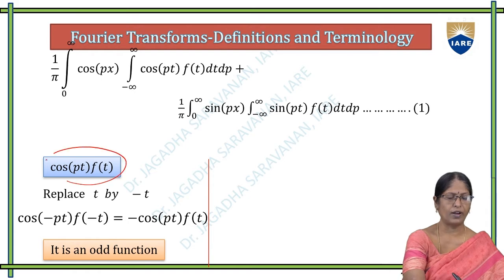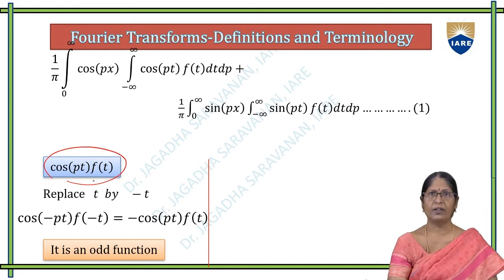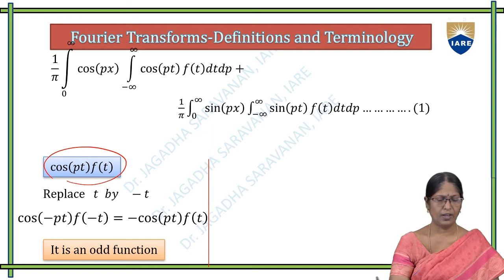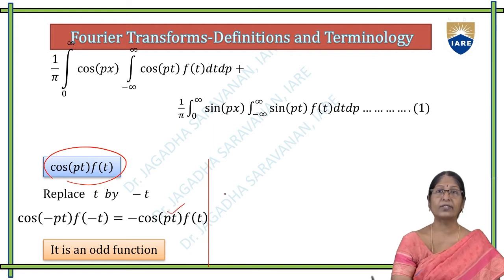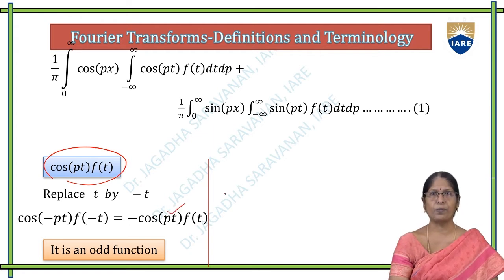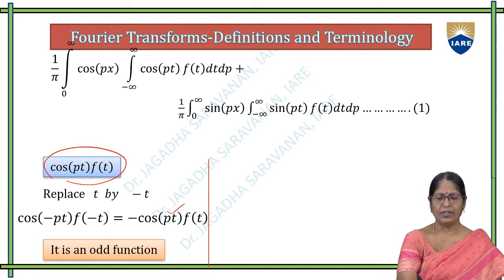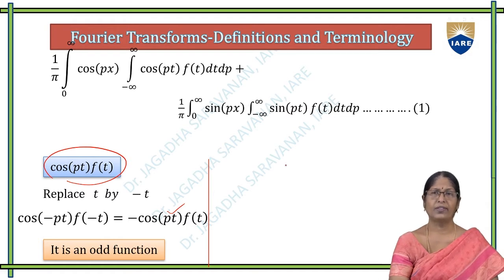So this is the function we have taken. We replaced t by minus t and we obtained the result with the opposite sign. This is the test of whether the function is odd or even.